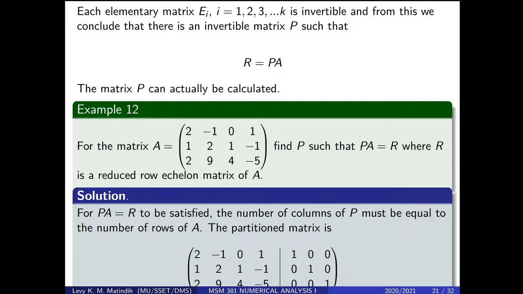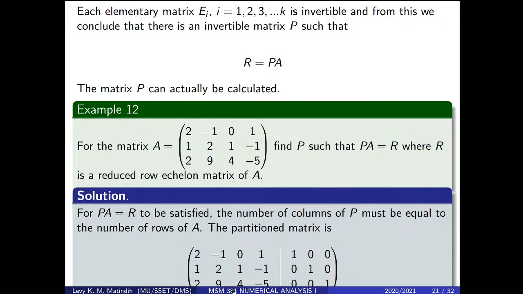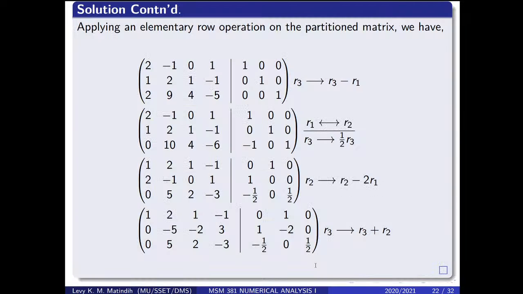Now, how can we get this 3 by 3 matrix P? This means we need to apply elementary row operations on a partitioned matrix comprising matrix A and a 3 by 3 identity matrix. This is the partitioned matrix comprising matrix A and the 3 by 3 identity matrix.